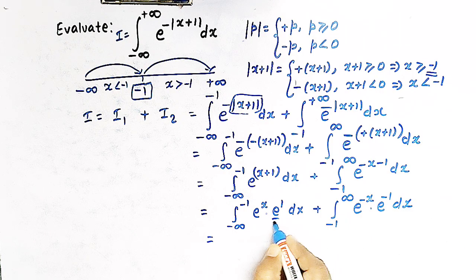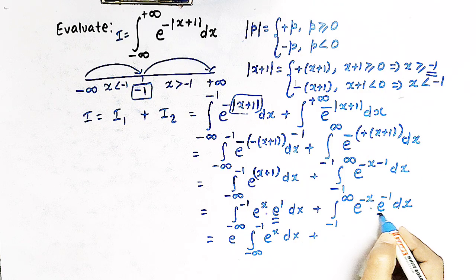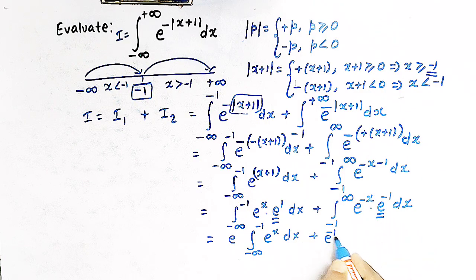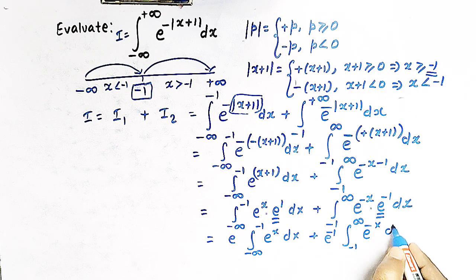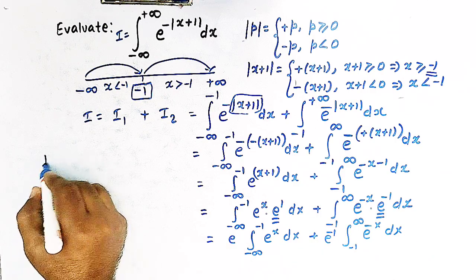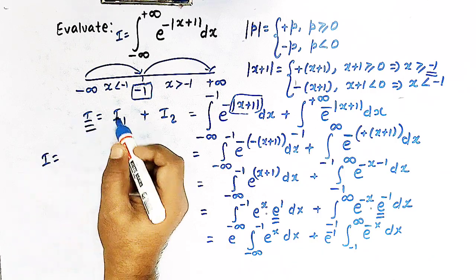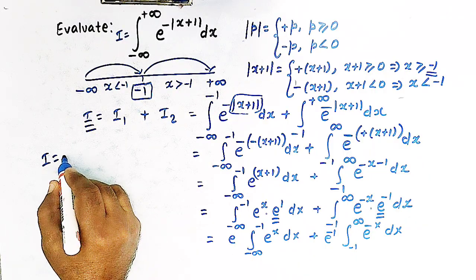So now here we can take e outside the integral. So we have e and minus infinity to minus 1 e raised to x dx, and here we can take e raised to minus 1 outside the integral, minus 1 to infinity, and e raised to minus x and dx, right?